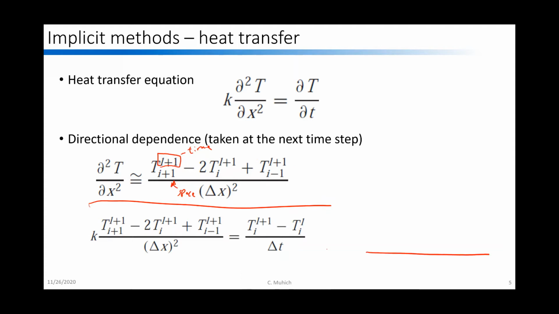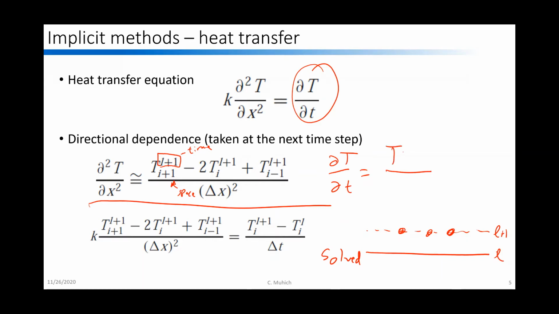So if I already have this row, this is solved. This is maybe L. This is what I'm solving for, so L plus 1. I'm going to look at the nodes on this L plus 1 row. Everything else though is the same. I'm still using a central finite difference for my second derivative. And for my time step, we can write this out. Partial T is going to be essentially the same as it was before.